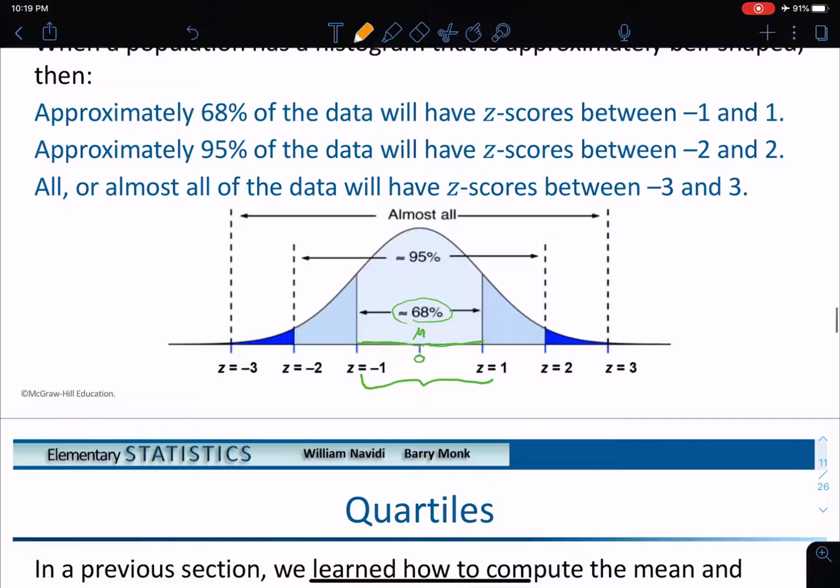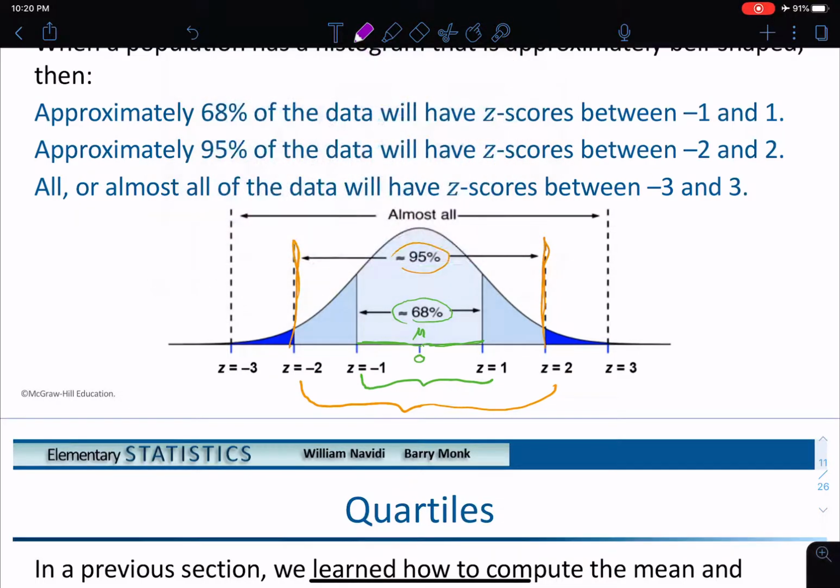Well, how about two z-scores to the left of the mean 0 and two z-scores to the right of 0? That's going to capture about 95% of the data.